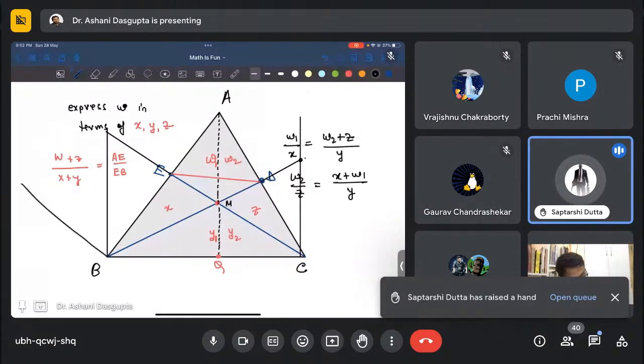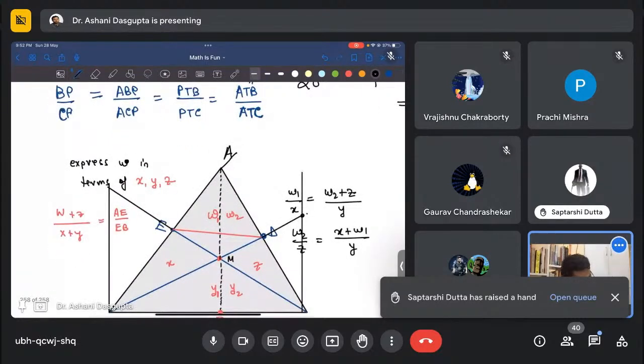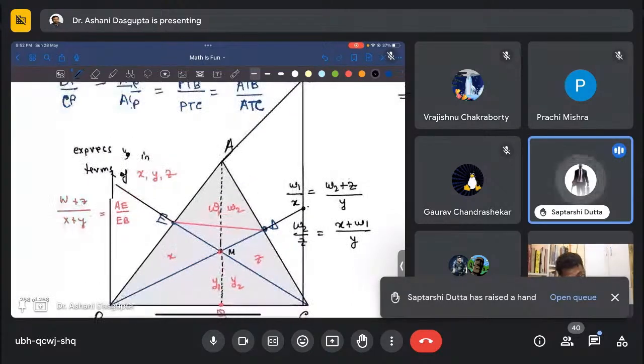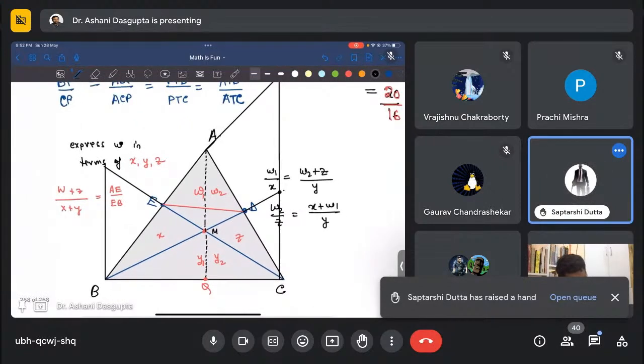No, I want you to extend the line BA to the perpendicular that we drew. Like this, yeah. Okay, and same for CA, but on the other perpendicular. Okay.